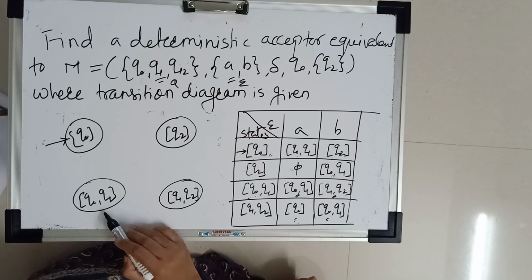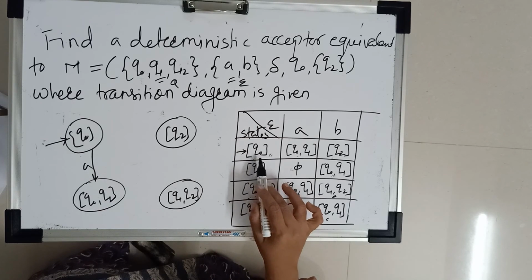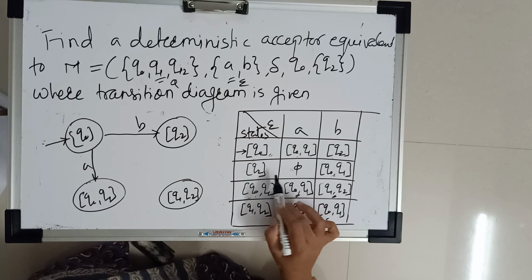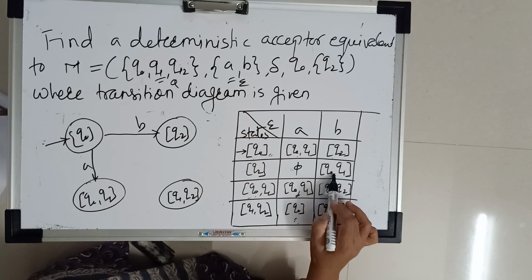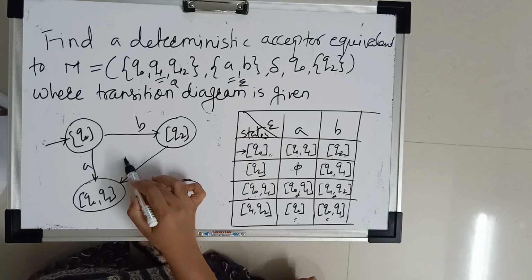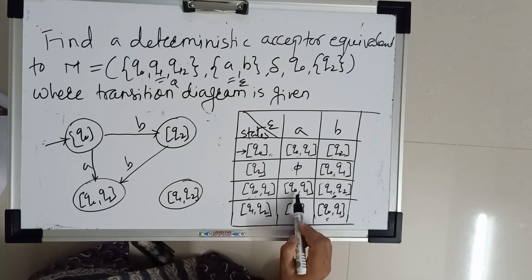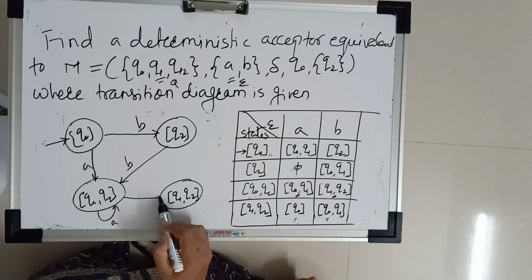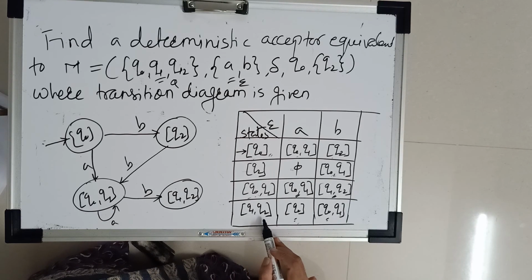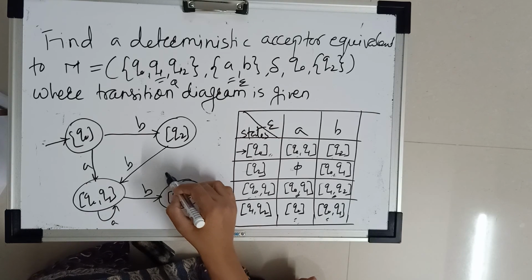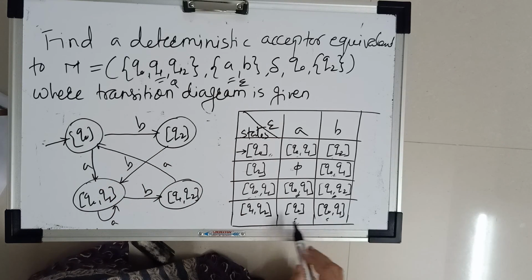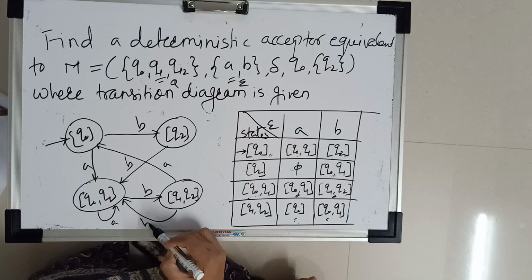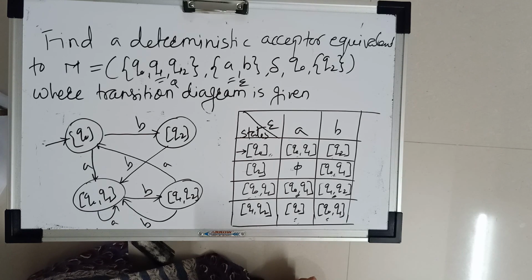Q0 goes to this one for A, Q0 goes to Q2 for B. For Q2 there is no transition for A, Q2 goes to this state Q0 Q1 for B. Q0 Q1 goes to the same state for A and it goes to Q1 Q2 for B. Q1 Q2 goes to Q0 for A and Q1 Q2 goes to Q0 Q1 for B. So in this way we can convert NFA to DFA.